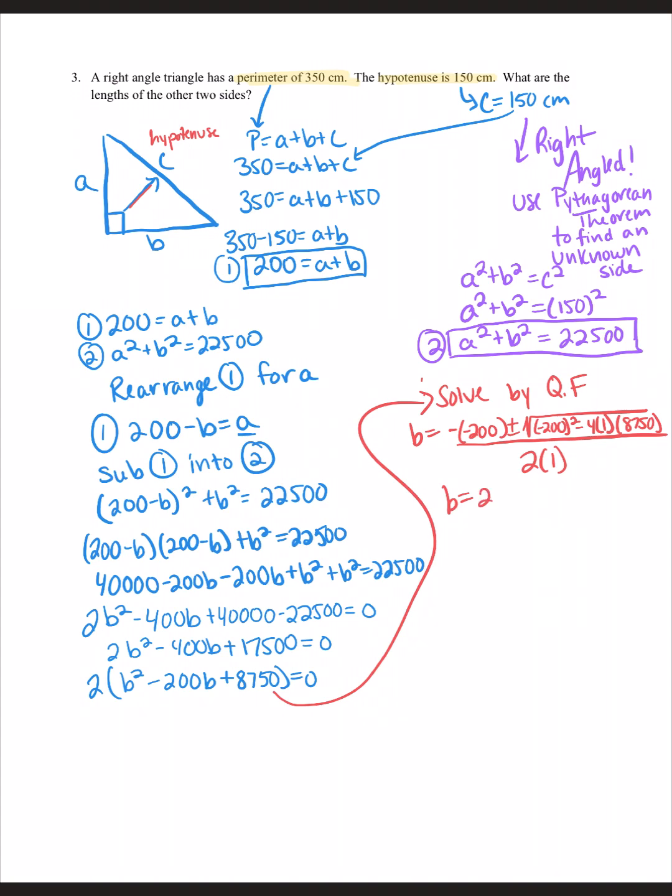Okay, so b will equal 200 plus or minus, and if you calculate everything under that square root, you'll get 5,000 all over 2. Okay, so if we split that off into the plus or minus version, we should get that b is going to equal 135.4, or b equals 64.6.